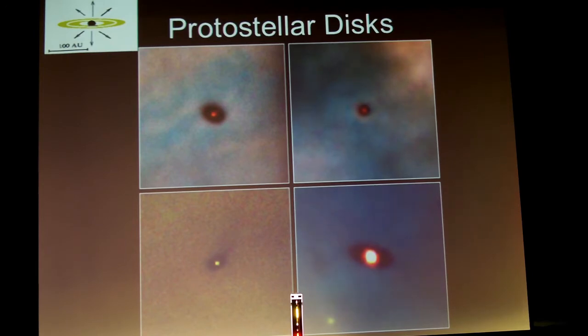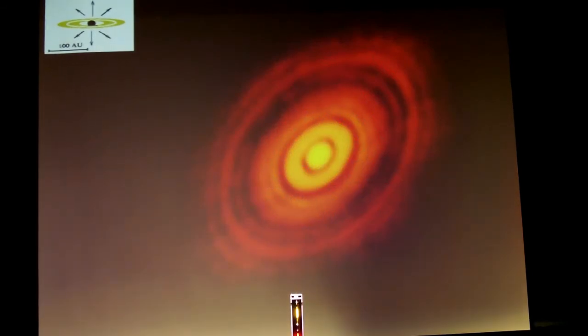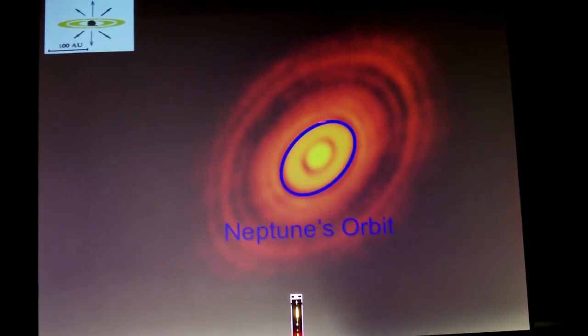And the most recent and probably most incredible view of a protostellar disk is this view from a new telescope called ALMA. This is an image taken at radio wavelengths that are given off by very, very cold dust grains. So you're not seeing the bulk of the disk, you're seeing the dust that's in the disk, and those little solid particles appear to be missing in certain locations. Just to give you a sense of scale, this oval right here is around the size of our solar system. Neptune's orbit would fit right in there.